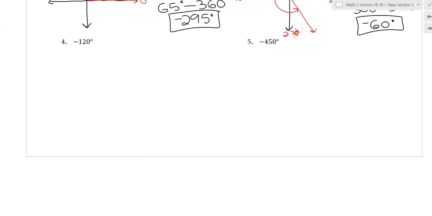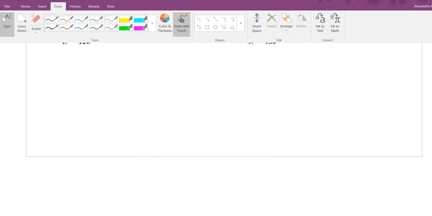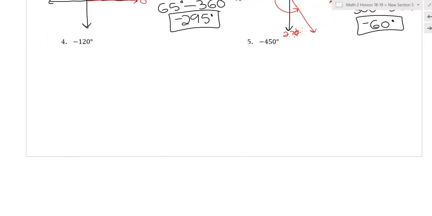For negative 120 degrees. So now I'm going in the negative direction. So the only thing is, instead of going this way, we go down first. So 0, so that means this is what we call negative 90.